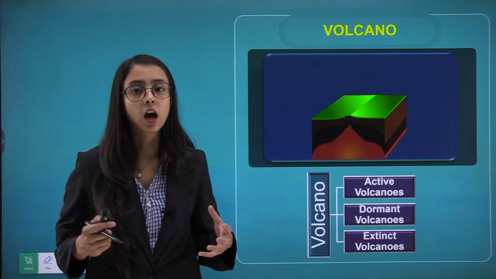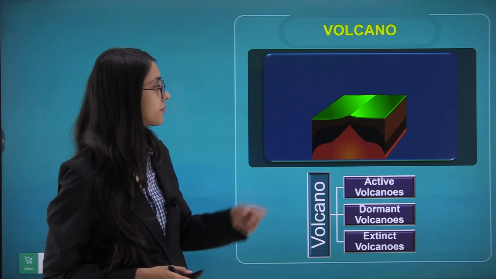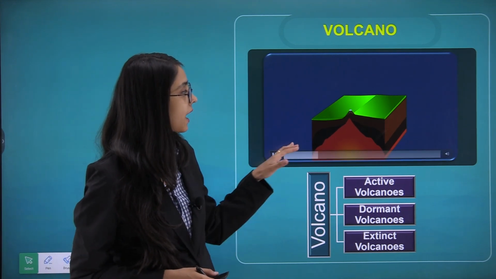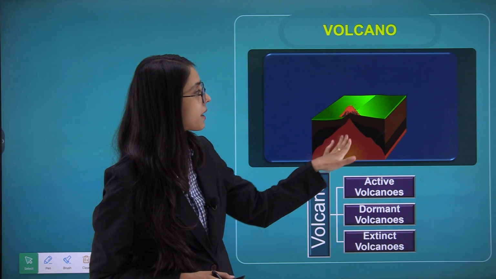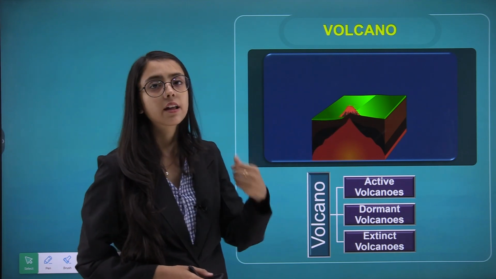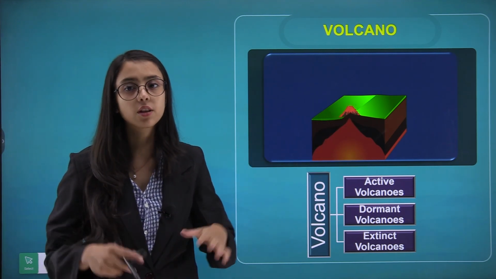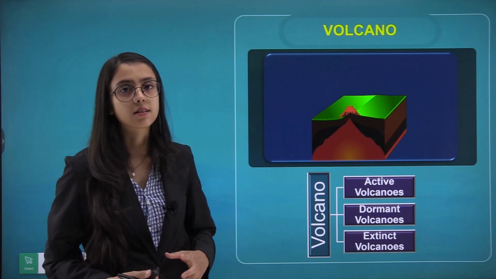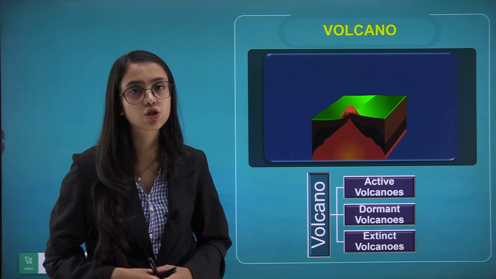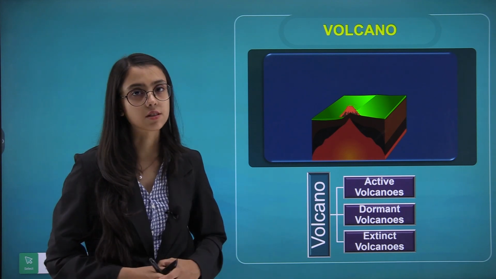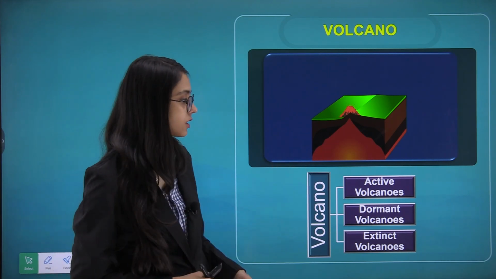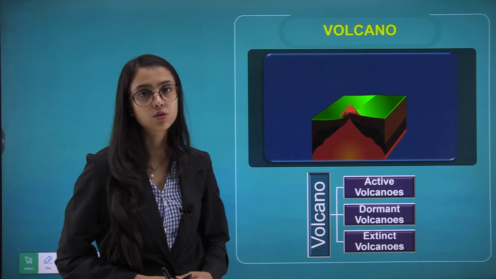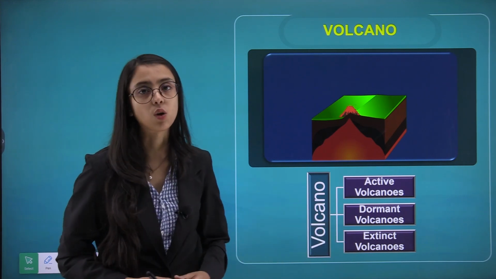Now, how does a volcano work? The magma comes from the mantle, there is an eruption in the volcano and the hot lava comes outside. Based on the activity of each volcano, there are three types of classification: active volcanoes, dormant volcanoes, and extinct volcanoes.